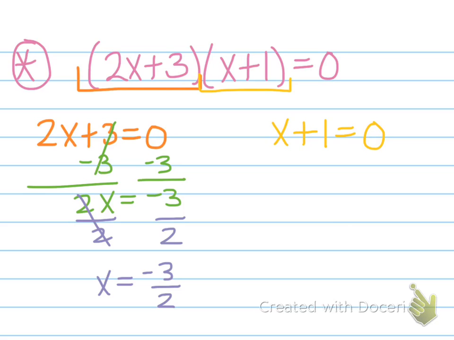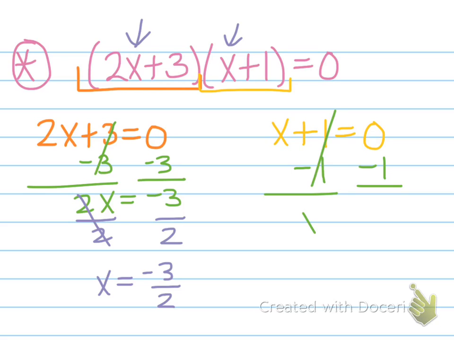And if we were to substitute negative 3 halves in for x in both of these factors, when we multiply those two factors together, we would get 0, because 2 times negative 3 halves is negative 3, and negative 3 plus 3 is 0. In the other equation, all I have to do to solve for x is subtract 1 from both sides, because 1 take away 1 is 0.